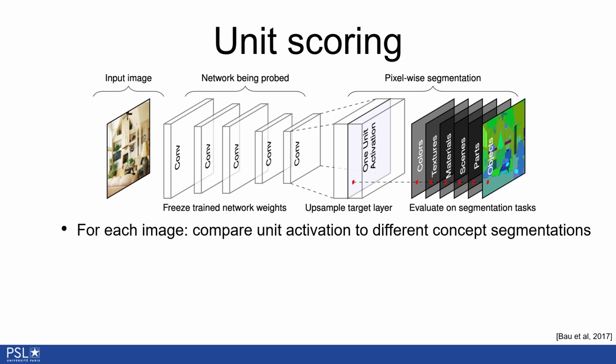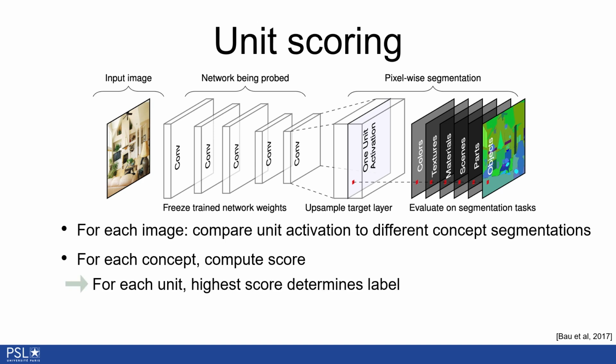This set of pixels can then be compared to different sets of pixels that correspond to different concept labels associated with the input image. Comparing these sets of pixels, for each unit we obtain a similarity score with each of the labels of the image.